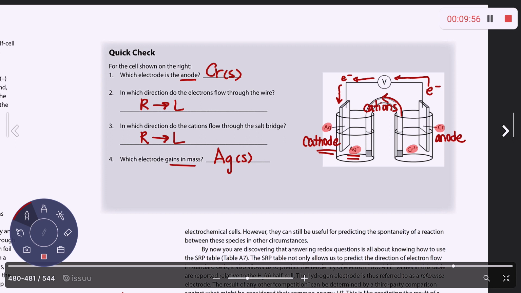So for this one, you would be looking at the left side for the silver, and then the right side for the other. Whichever one, you have a pair here. You want to locate the pairs. So this one, since it's at the bottom, this one would be giving the electrons to this one.